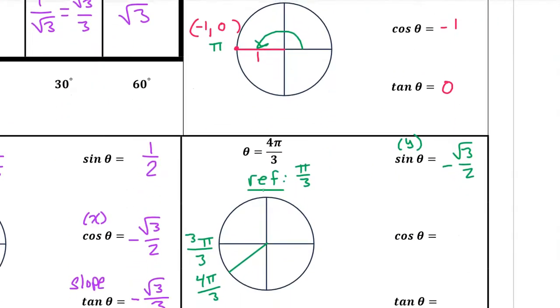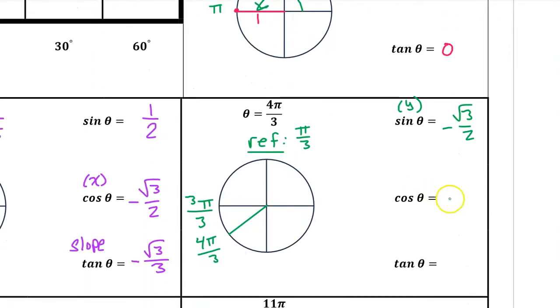That means the cosine of 4 pi over 3 will also involve a 1/2, but it might be negative. On the unit circle, cosine is the x value. In quadrant 3, x values are negative because we are to the left of the y-axis. So the cosine of 4 pi over 3 is negative 1/2.